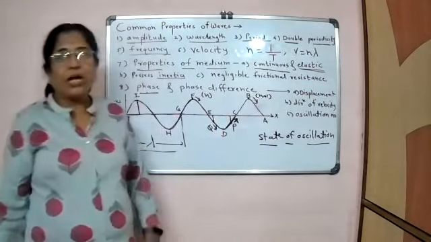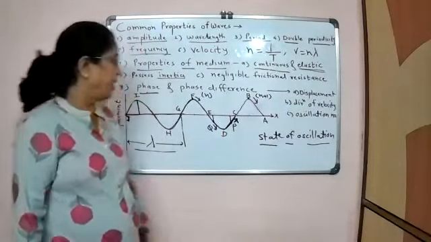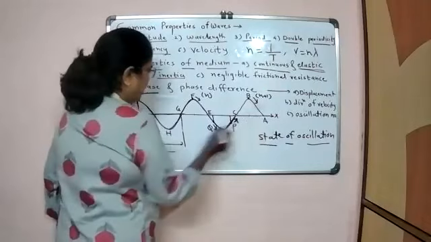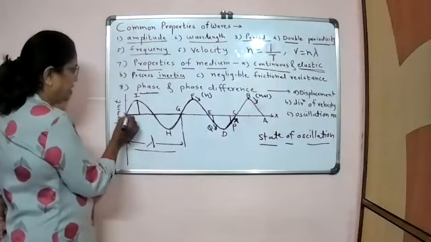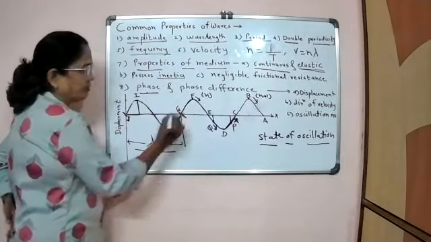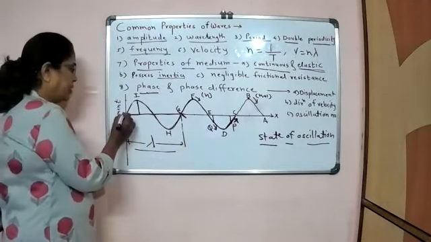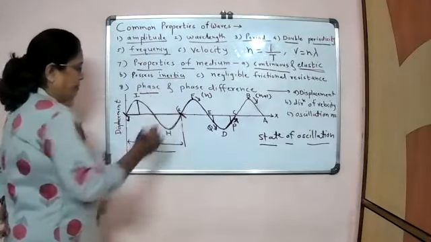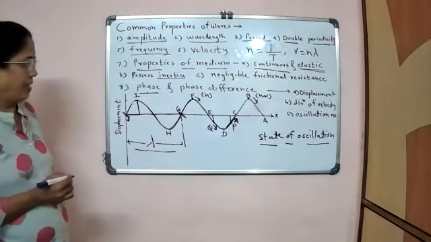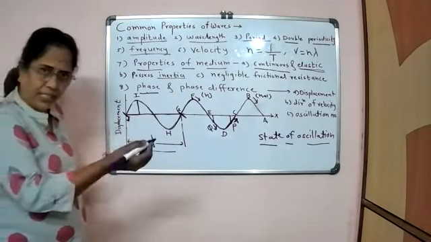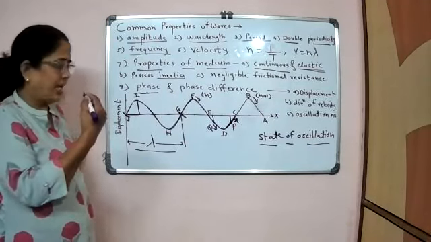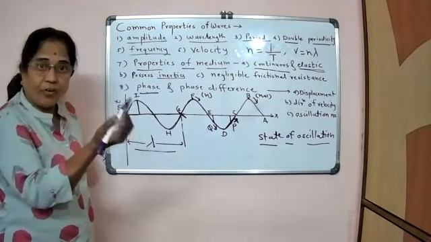अजून कोणकोणते पार्टिकल एकाच फेज मध्ये आहेत, तर पार्टिकल C, पार्टिकल J and particle G, they are in the same phase, they are in the same state of oscillation.